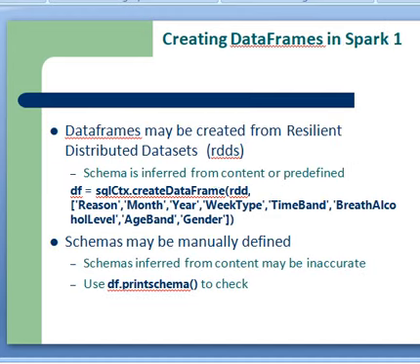Okay. So this is another way to create a data frame. We have already learned about resilient distributed datasets, which we call RDDs. The schema defines the headings of the table. In other words, it is a list of attributes of the table, or the schema of the table.